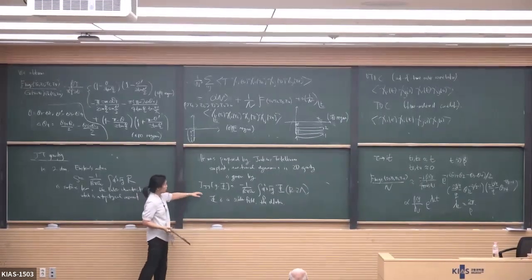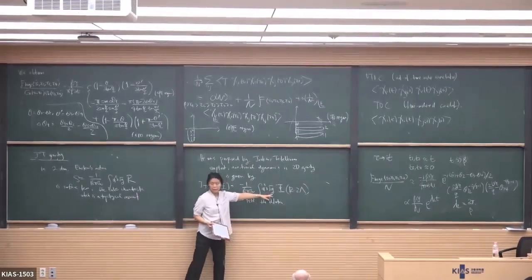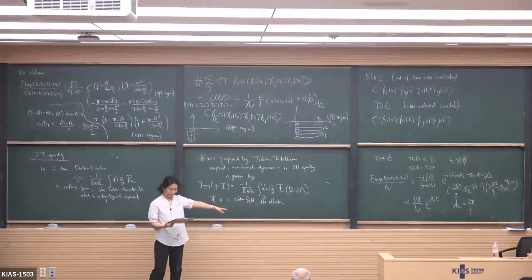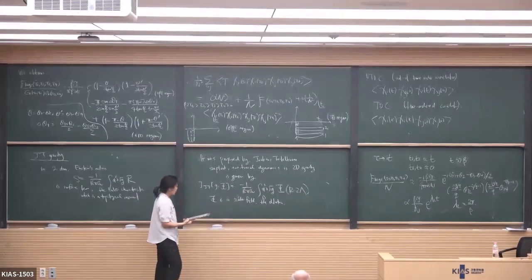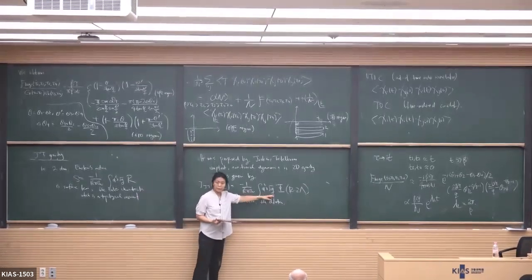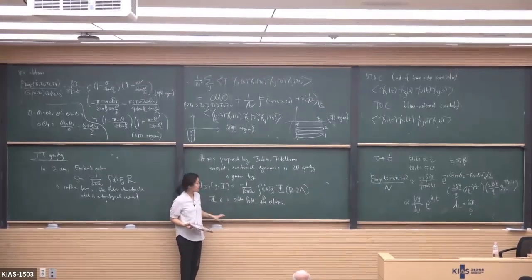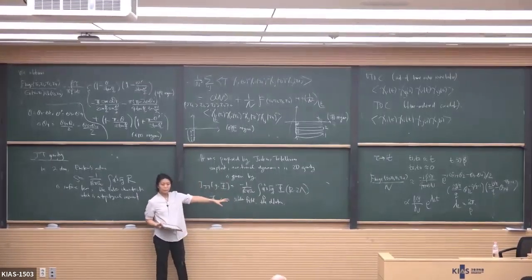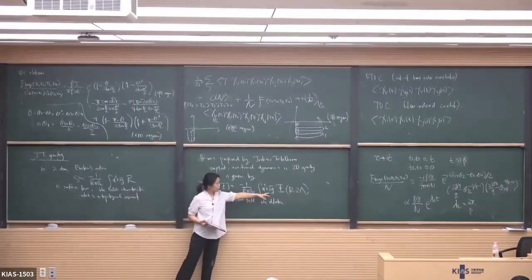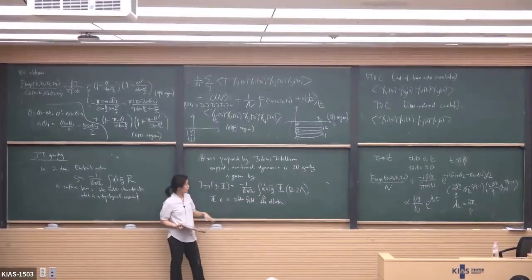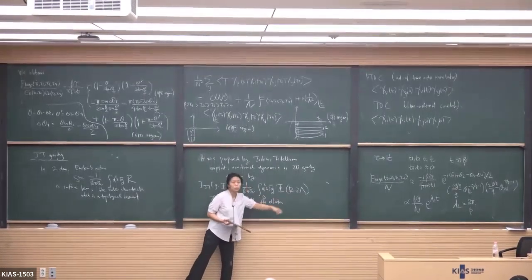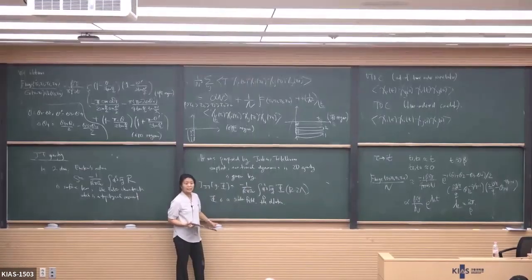If you look at this action, phi just acts as a Lagrange multiplier, because it only appears linearly. If you think about doing a path integral over phi, you just integrate it out, and the constraint R minus 2 lambda is exact.